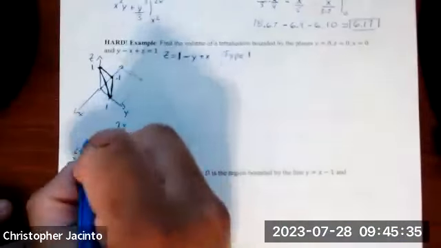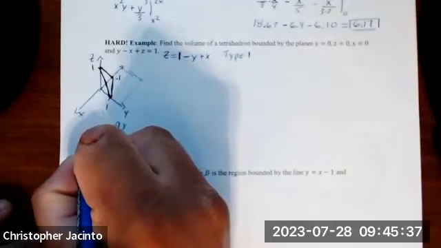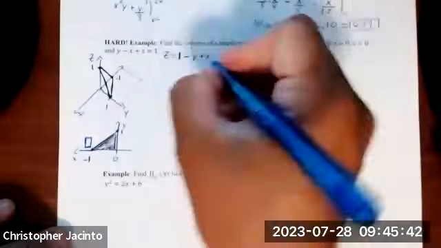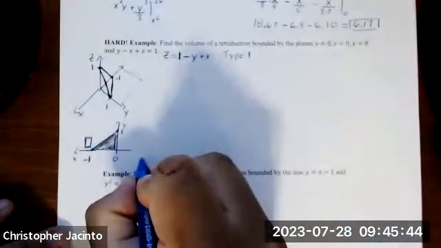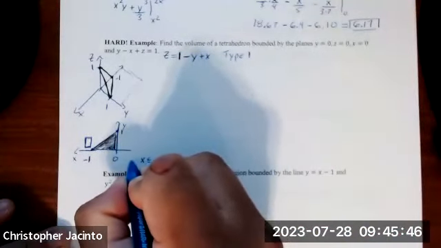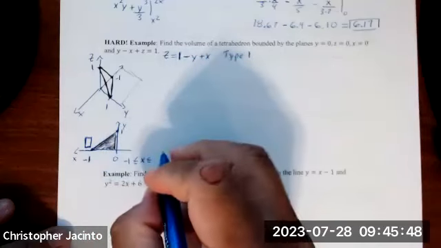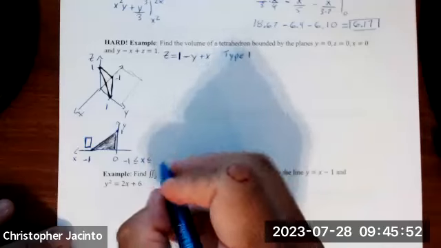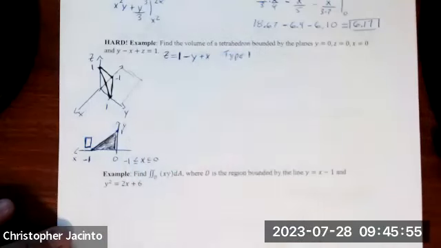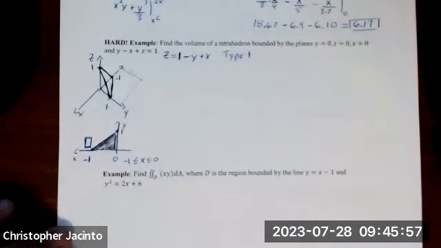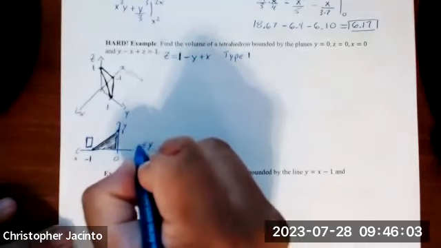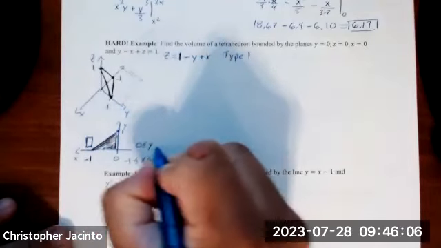So if we do a type 1, x is going to go from -1 to 0. But what will y go to? y goes from 0, but to what value?